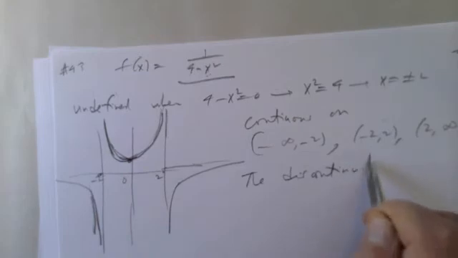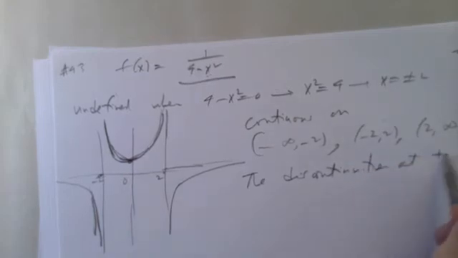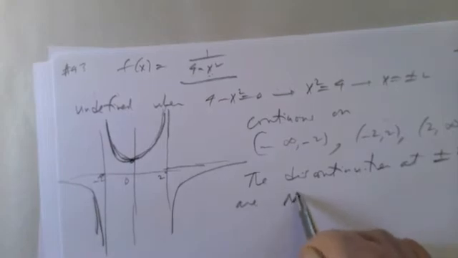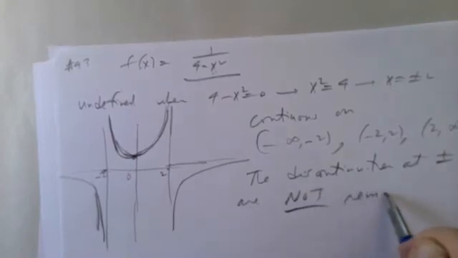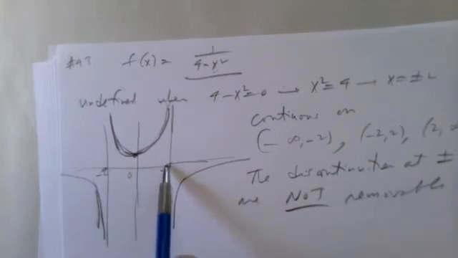The discontinuities at plus or minus 2 are not removable. There's no way to define the function here that gives you a continuous function.